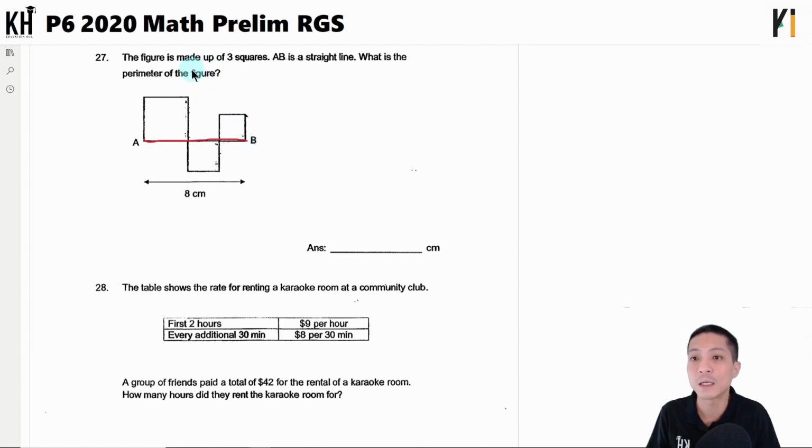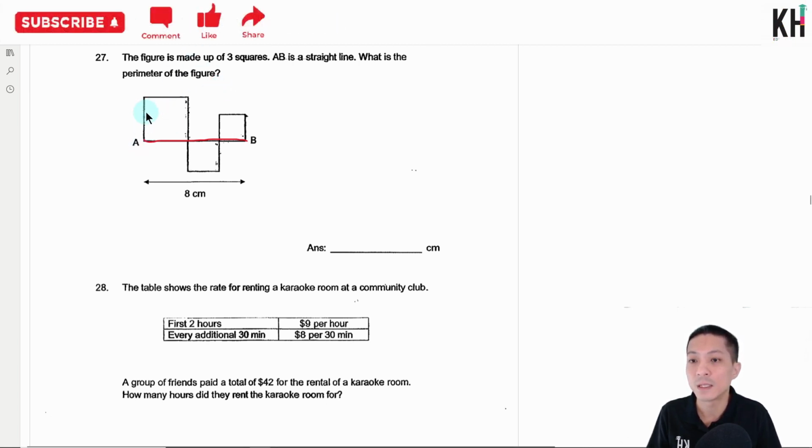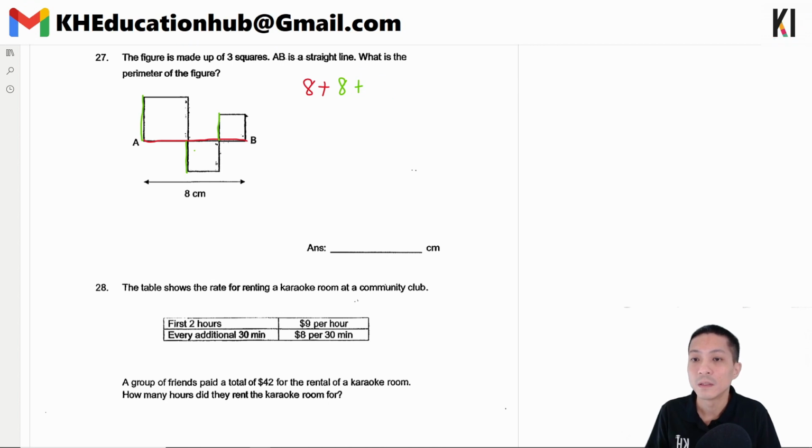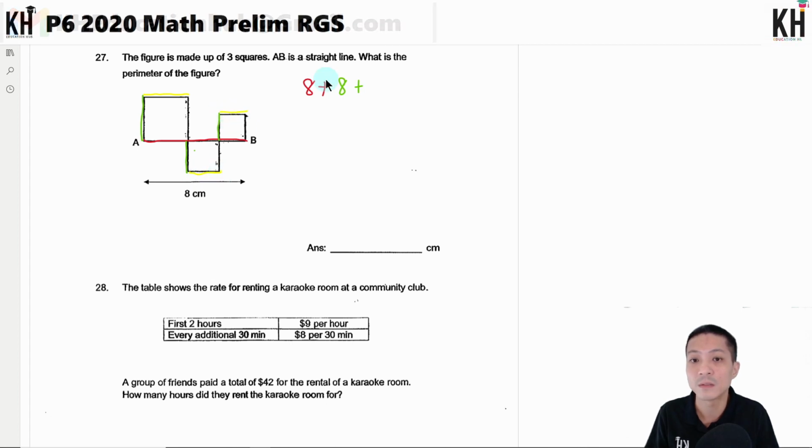Now in order to find the perimeter of the figure, I need to use another color. So this plus this plus this. You need to realize it's another 8. So I'm gonna try and write it in different colors. 8, plus the green one will be another 8. Let's put a yellow. The yellow is a bit hard to see, but you can make it out. Plus another 8.